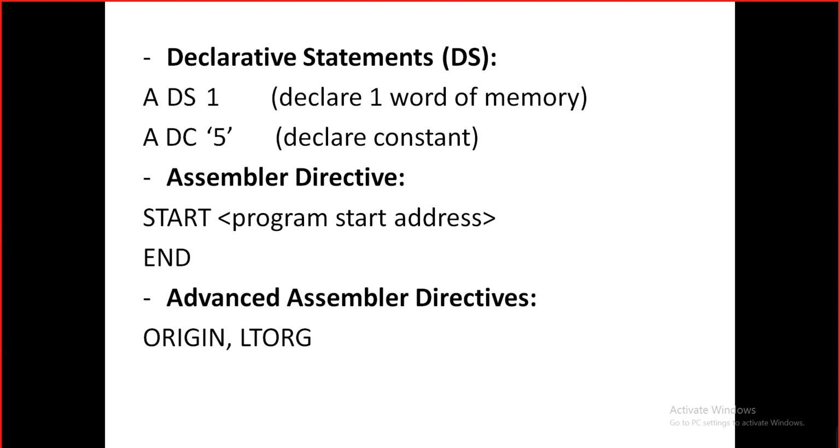so if I encounter a literal, I will store it into the literal table. But in the literal table, I have two columns, right? One is for the literal itself, and the other one is for the address of that literal. Then, if I encounter a literal, I will store it into the literal table, but I will not enter the address of that literal because I don't know the address.